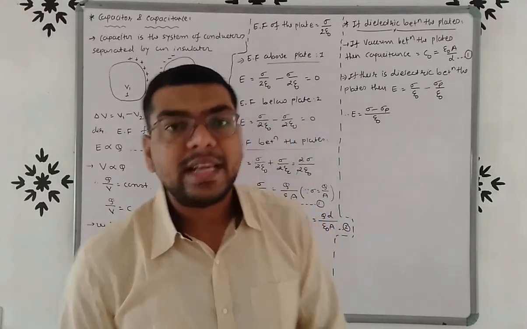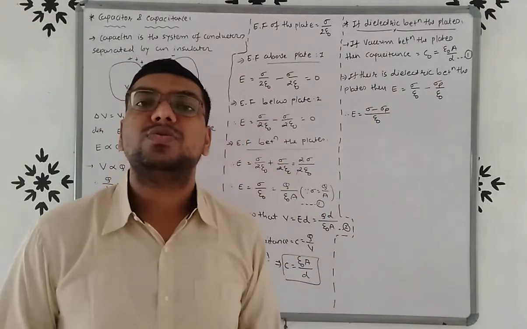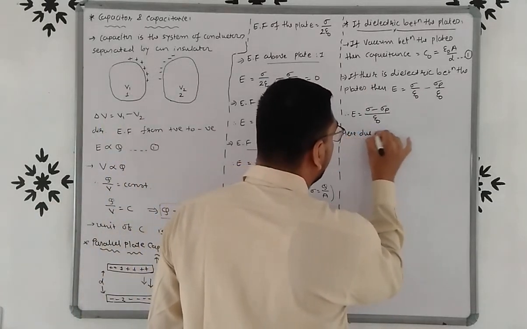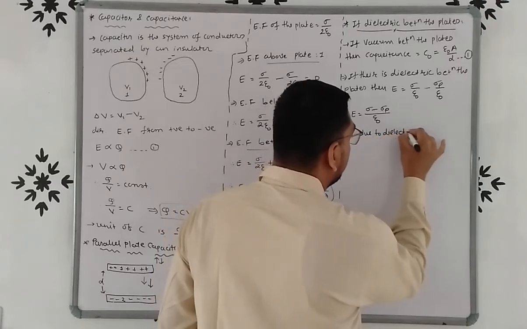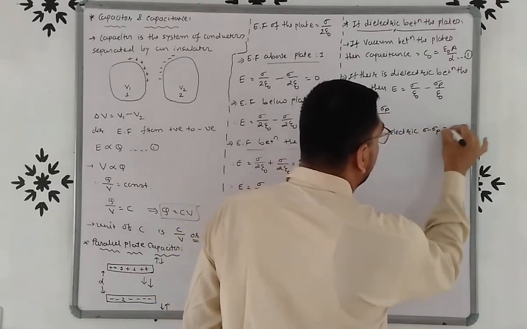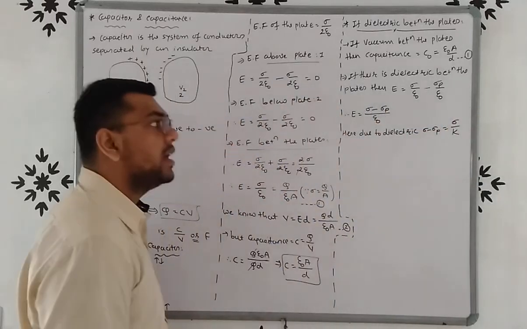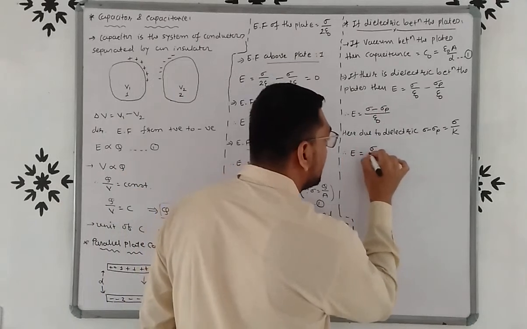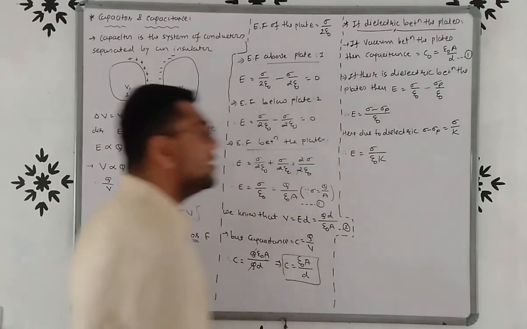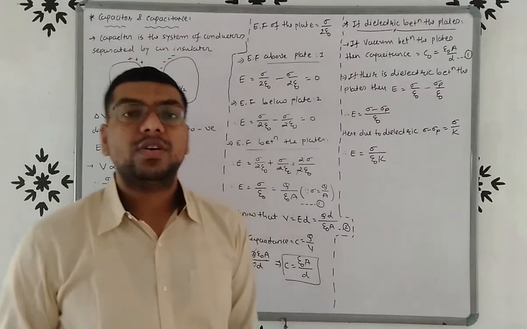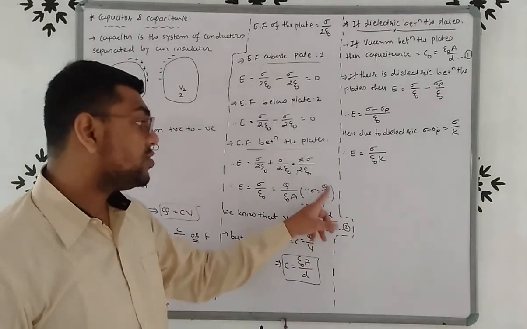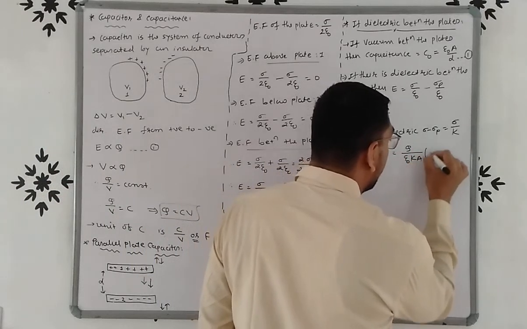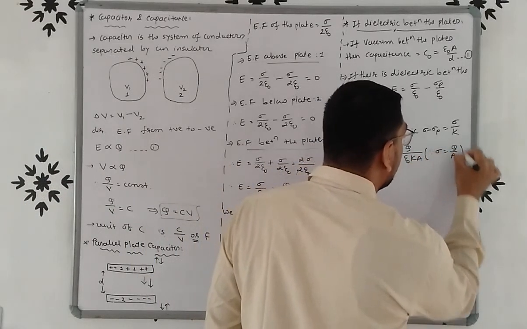So here E is equal to, instead of sigma minus sigma P, sigma by K. So E is equal to sigma upon epsilon 0 K. But we know that sigma is equal to Q by A. So instead of sigma, Q by epsilon 0 K A.